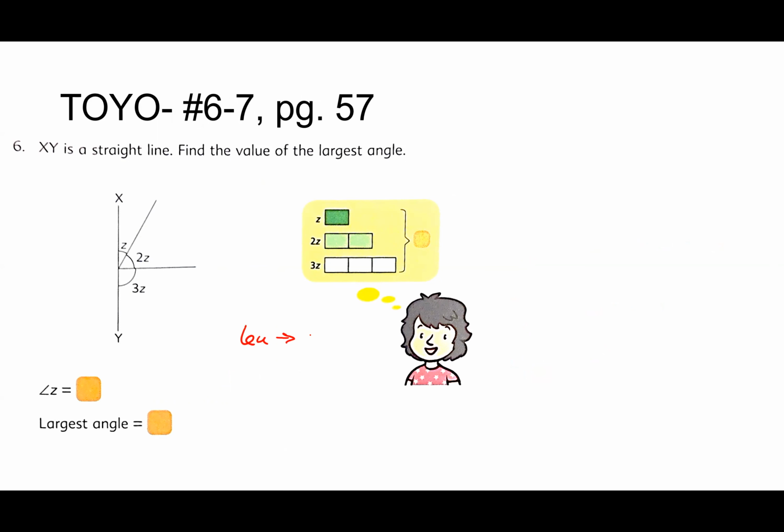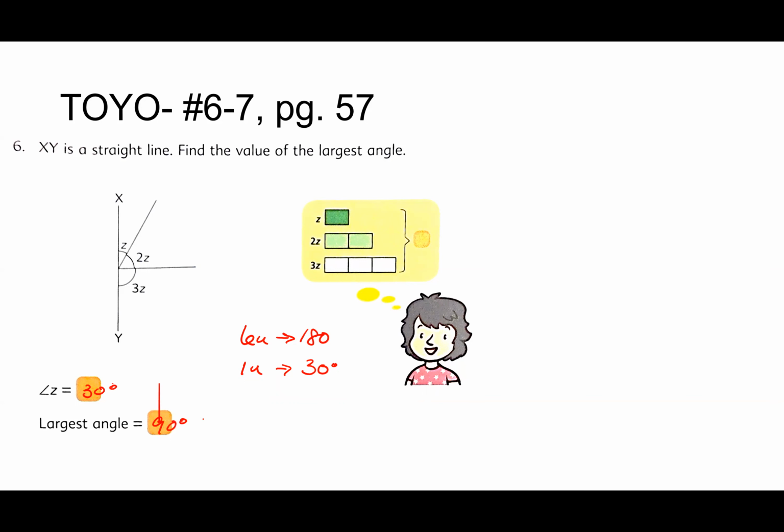So 6 units equals 180 degrees. Great. So 1 unit equaled how many? And then you needed to solve for angle Z and for the largest angle. So angle Z equals what? Nice job. And what was the largest angle? How many degrees did that equal? 90 degrees. Way to go.